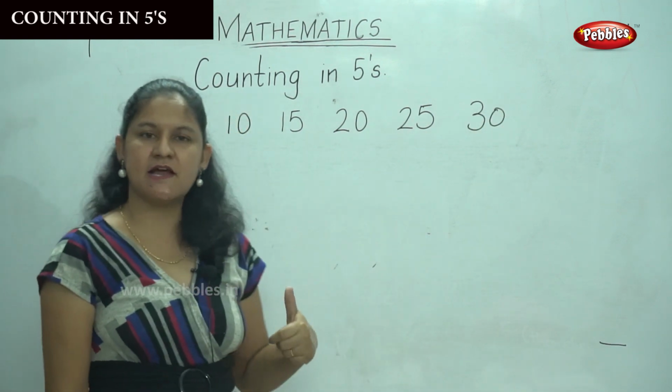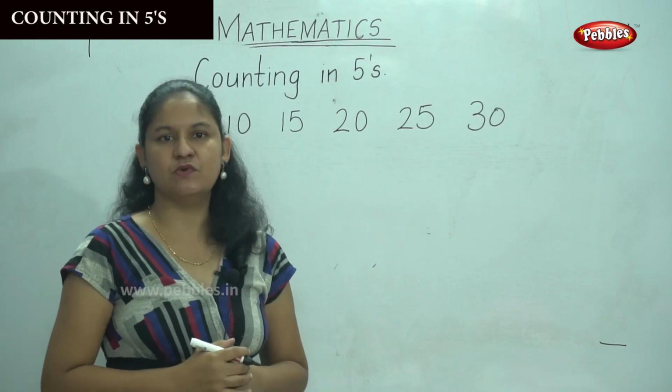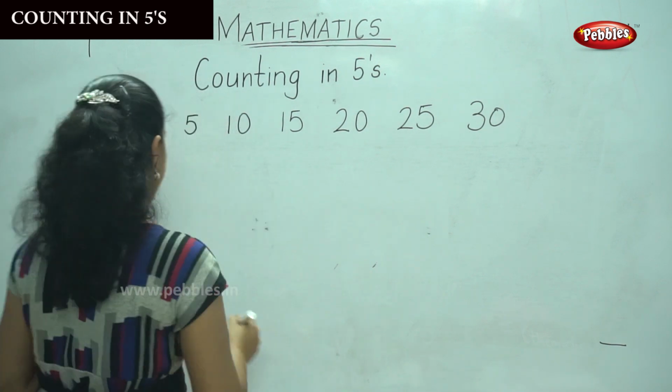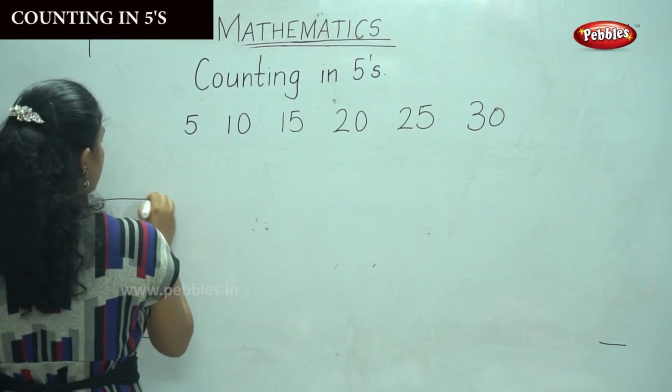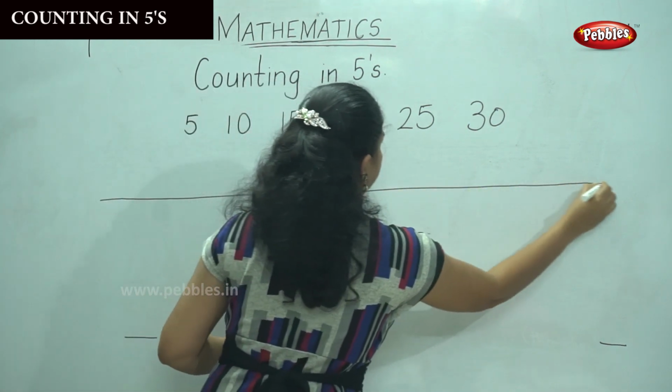Now using the number line, we could also do skip counting in fives. So I'm going to draw a number line.